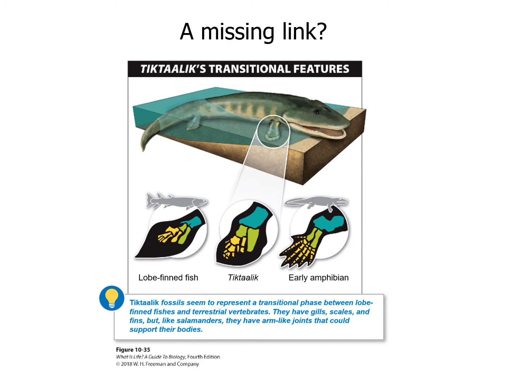So we can see through the fossil record this transition, but also very similar features of a fish to a very early amphibian, and then the intermediate stage there. This discovery was really cool.